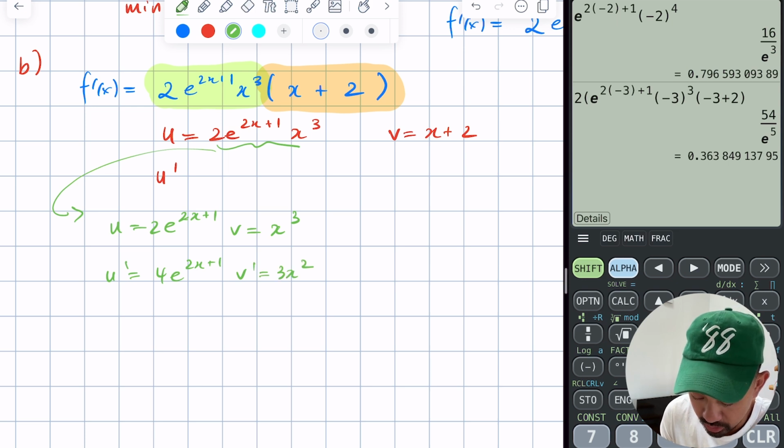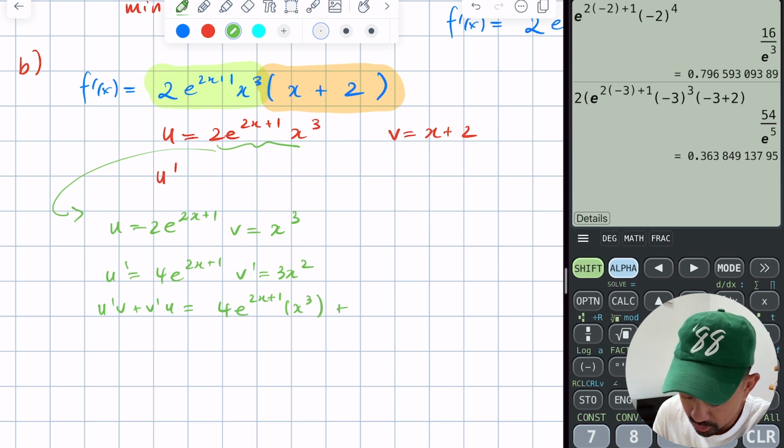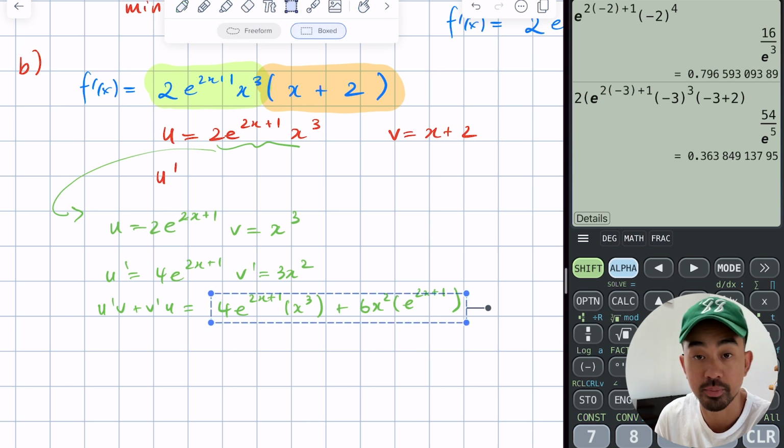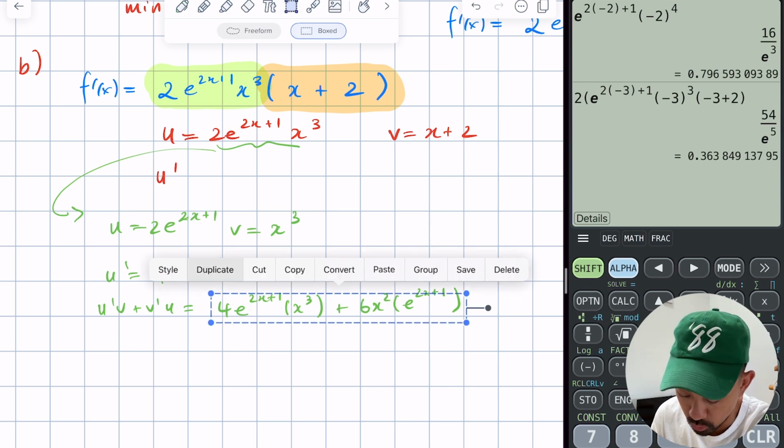So u dash v plus v dash u is going to be 4e^(2x+1) x cubed plus 3 times 2 is 6x squared e^(2x+1), like so. So that is my u dash v. Also, that's my u dash for the one above it.